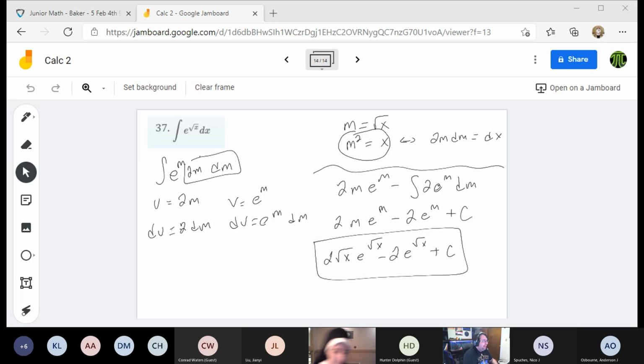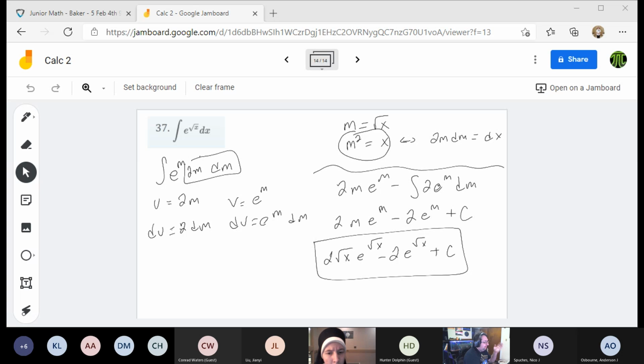Sometimes, when you're looking at these problems, you have to use multiple techniques to solve the problem. This one we had to do our simple u substitution and then integration by parts to finally solve the actual problem.